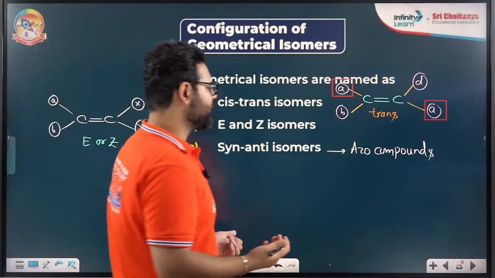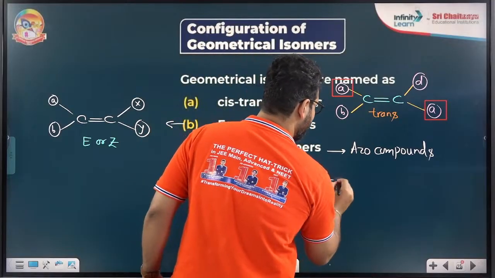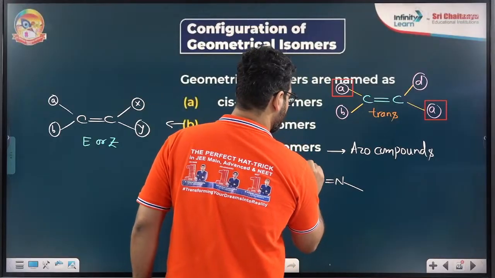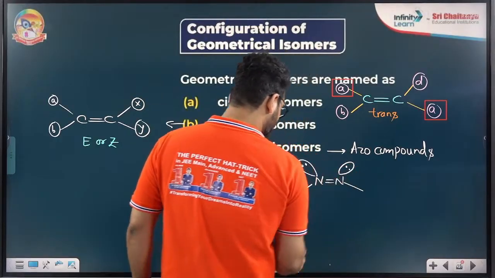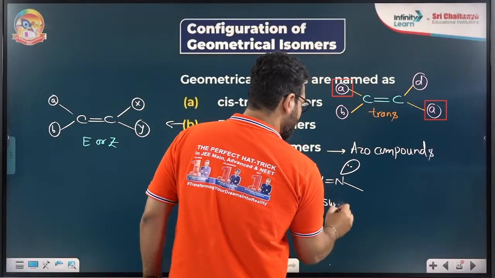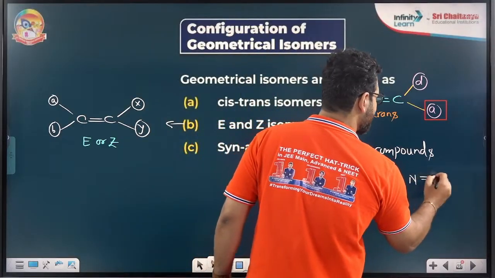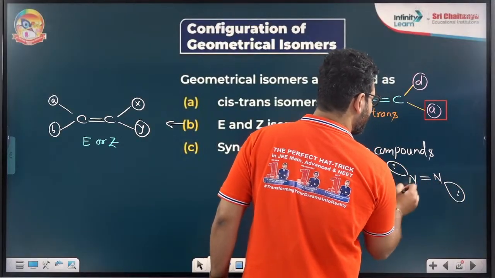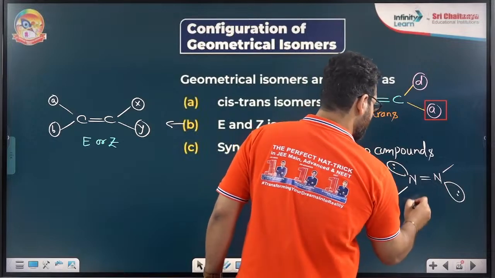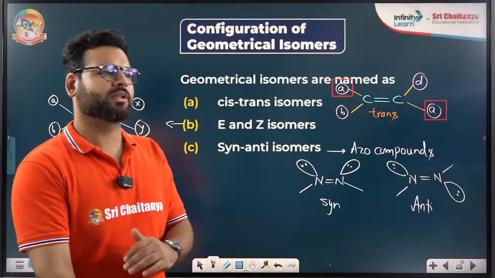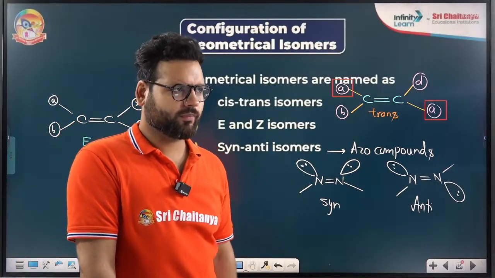One example I am mentioning here is N double bond N. If the two lone pairs are on the same side, you will be using syn naming. When the two lone pairs come on opposite sides, you will be using anti naming. Not very important for the NEET, but syn-anti is also one type of geometrical isomerism which can exist.